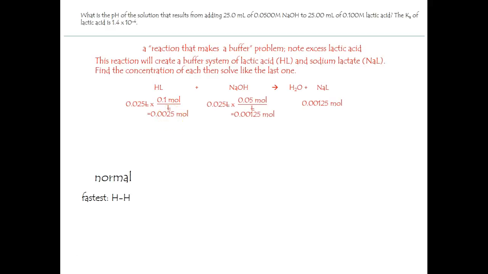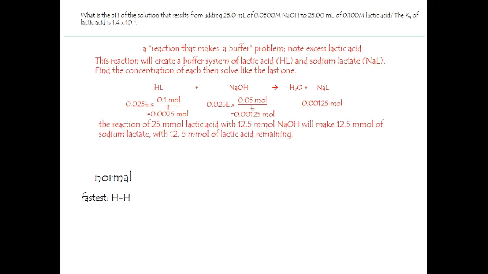Will be excess. Stating that in words, I wrote it in millimoles. You could also just simply say it in moles. You'll get the same answer, but the reaction of 25 millimoles of lactic acid with 12.5 millimoles of sodium hydroxide has got to make 12.5 millimoles of sodium lactate and no more, because at that point you're out of sodium hydroxide, and you'll have 12.5 millimoles of lactic acid remaining.